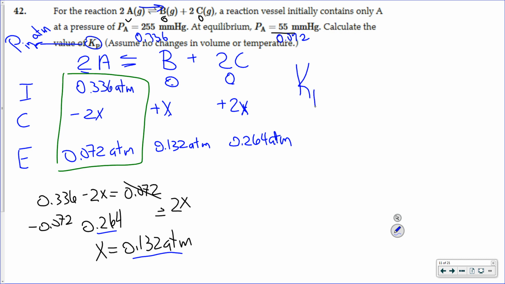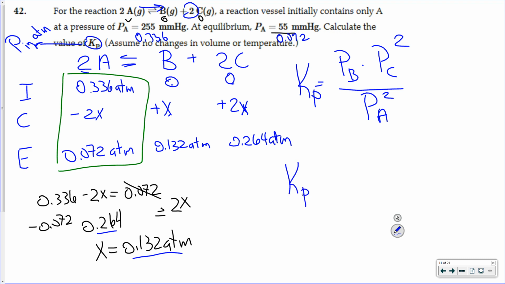K sub P is products over reactants raised to the respective powers. So the partial pressure of B times the partial pressure of C squared because of the 2, divided by the partial pressure of A squared because of the 2 stoichiometry. I know all these numbers, we just plug them in. The partial pressure of B is 0.132.